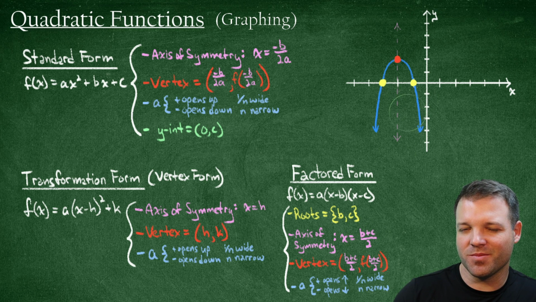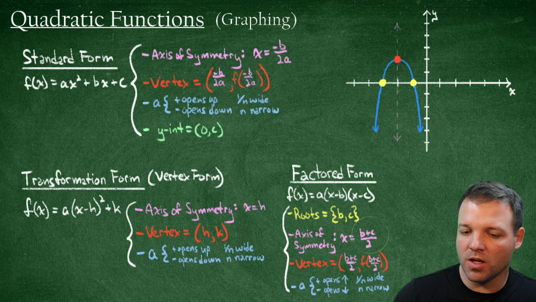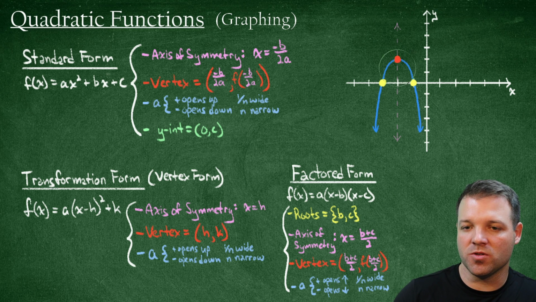And a lot of these are going to be simple graphs, so you can just look halfway in the middle, and you're just going to know where the axis of symmetry is. Now, we still don't know where the vertex would be, so we would have to plug in the x value for that axis of symmetry into the function to get our y value to figure out where that vertex is. Okay?